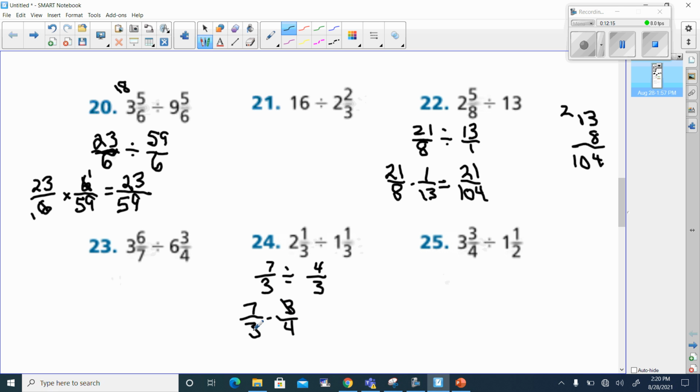Butterfly method allows me to take the 3's out because 3 divided by 3 is 1. Now I have 7 times 1, which is 7, and 1 times 4, which is 4. That's an improper fraction, which will equal 1 3/4.